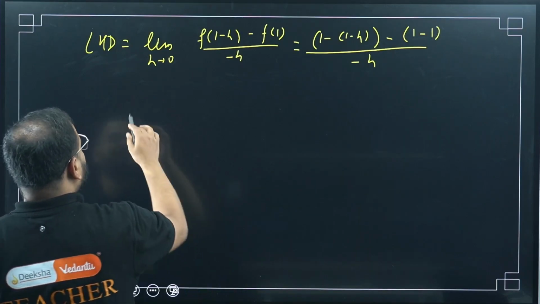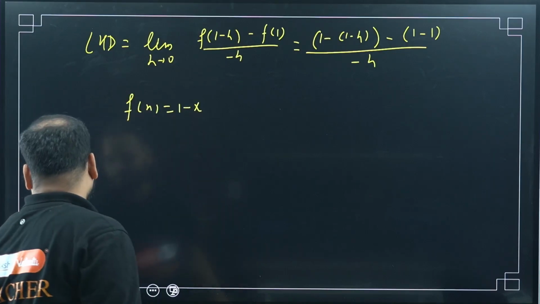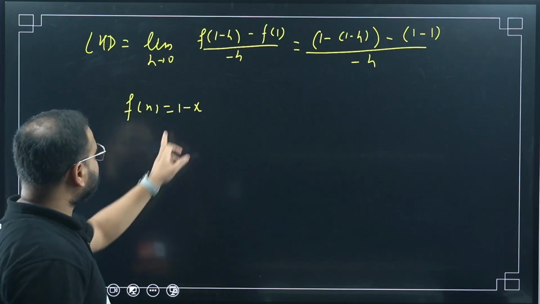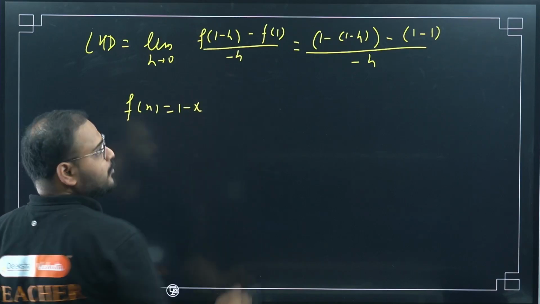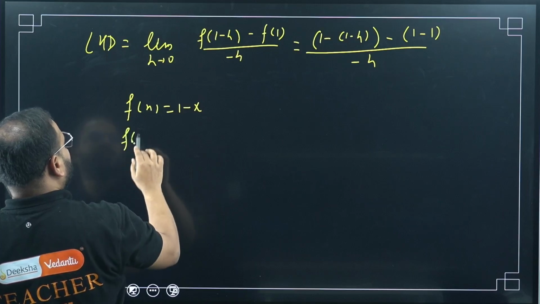Okay? So what is the function value? Function value is 1 minus of x. Right or not? 1 minus of x. When x is less than 1, LHD will be applied on this function 1 minus of x. So if you replace x by 1 minus of h, f(x) is 1 minus of x, means what is f of 1 minus of h?